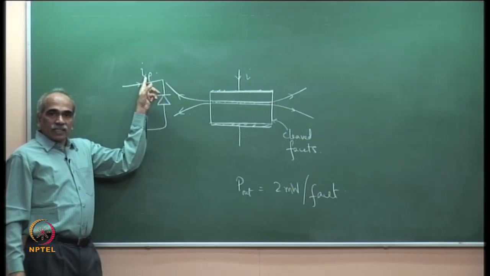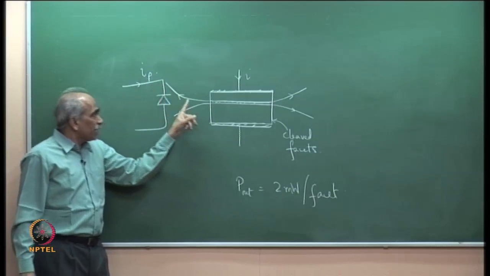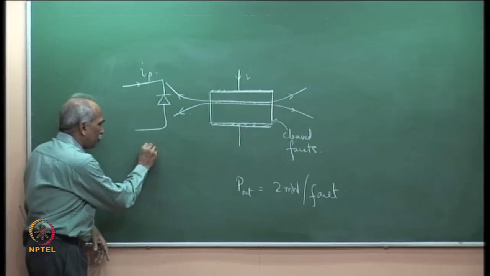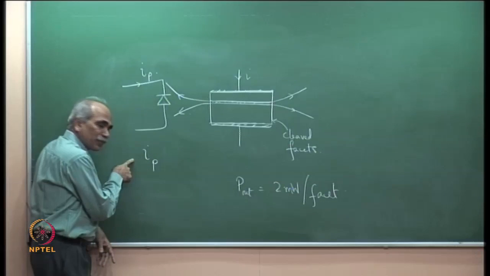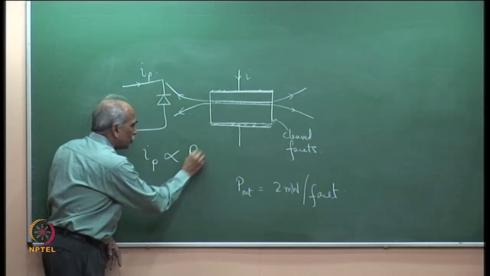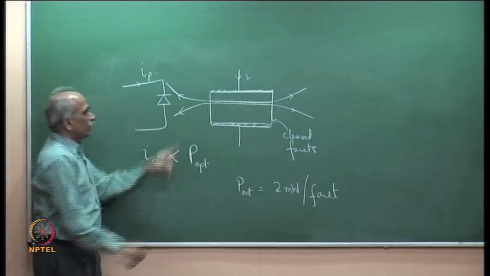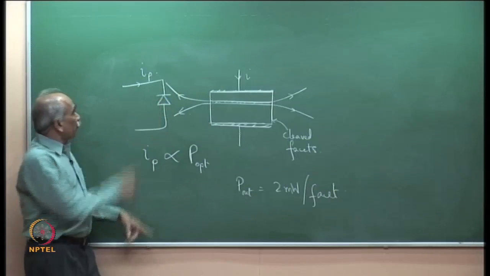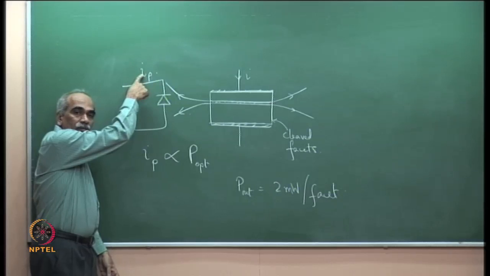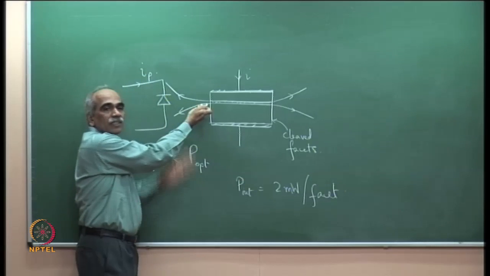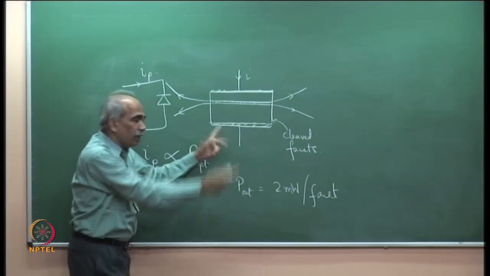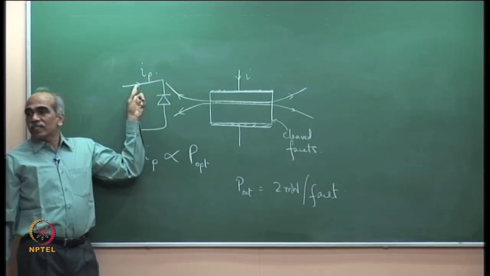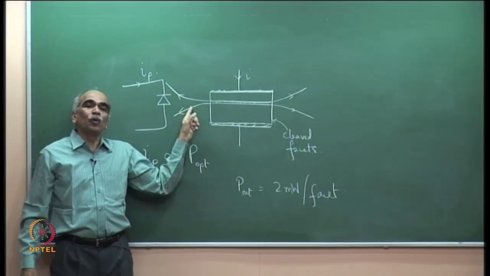By measuring this current IP, this IP is proportional to incident power. The IP, the reverse photocurrent, is proportional to P, the optical power incident on it. And therefore, by measuring this IP, we can find out what is the power which is coming. We can calibrate it and then simply by measuring the current, we know what is the output power.